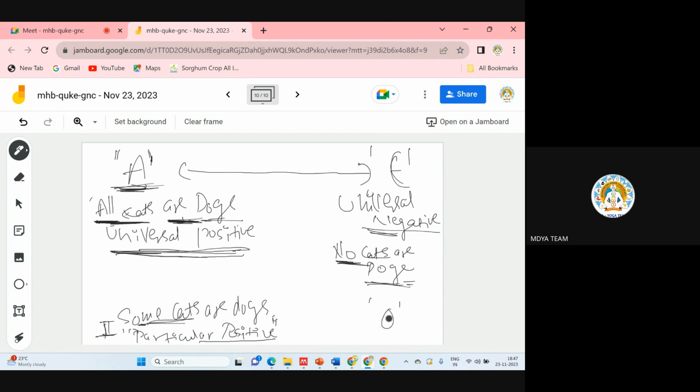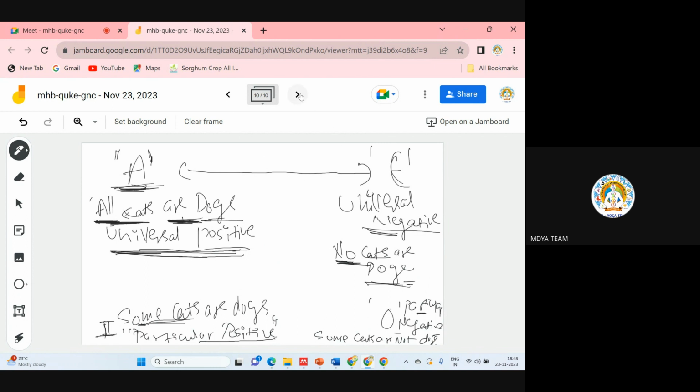So to write an O-type statement, particular negative, we will write: some cats are not dogs. Yes, some cats are not dogs. So this is the O-type statement, particular negative.